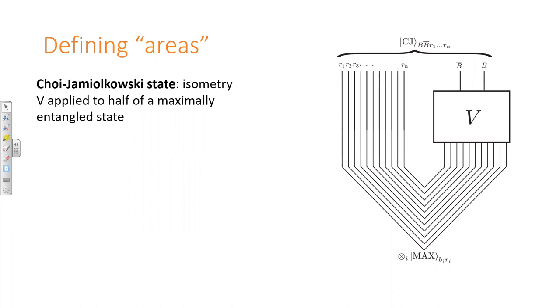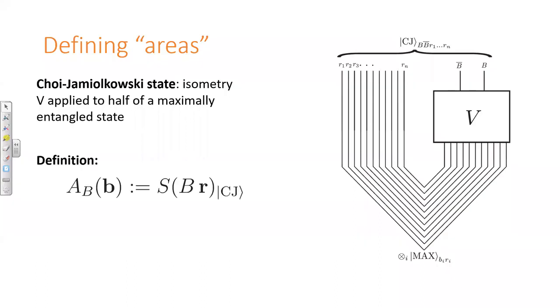So say little b1 is maximally entangled with little r1, little b2 is maximally entangled with little r2, and so on up to little bn is maximally entangled with little rn. Then we take all the little b systems and we just apply this isometry B to them. So now we have a state on big B-bar and all these little r's, and we call this the Choi-Jamiołkowski state. Okay.